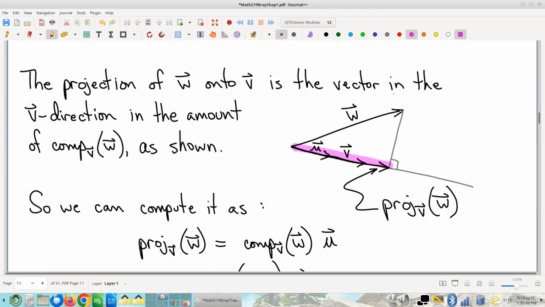The big difference is that the projection is a vector. It's not a scalar. Component's a scalar. Projection is the vector itself. That is, you might say that W, the initial vector W, is literally the sum of the projection plus this other vector over here, which you might call the orthogonal component or something like that.